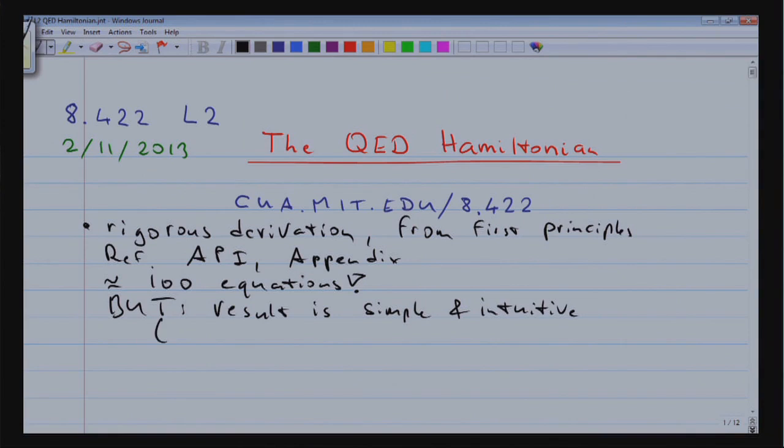The result we will use most often is actually the electric dipole approximation, which I'm sure you have already seen many, many times.